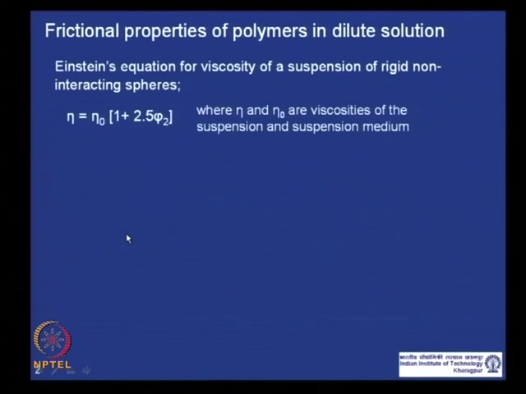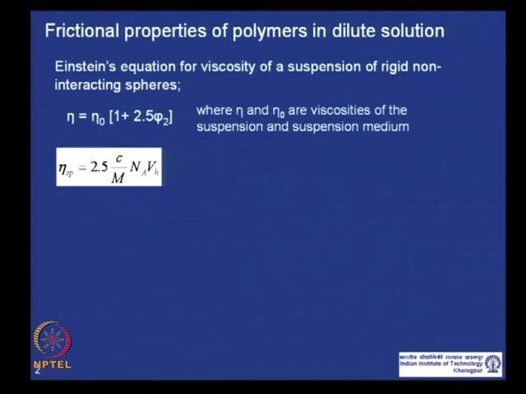So, we can imagine an equivalent sphere which contains the polymer chain and the solvent molecules as an impermeable hard sphere, and for that hard sphere we know that the Einstein equation of viscosity is given by this expression, where eta and eta 0 are the viscosities of the suspension, which is basically the polymer solution, and the suspension medium, or the solvent.